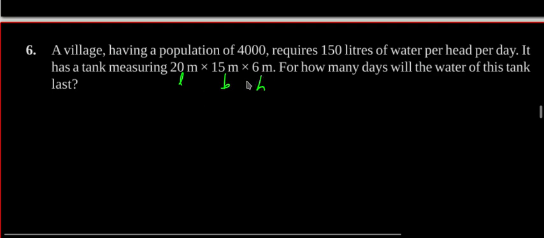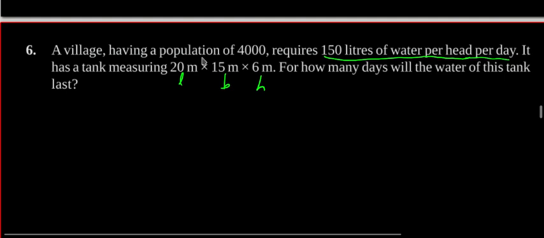How much water this tank will hold is the capacity of that water tank. And there are 4,000 persons living. For each and every person, 150 liters of water per day per head will be required. This is the requirement for one person; for 4,000 members, how much water is required. That is the thing given in the first statement.